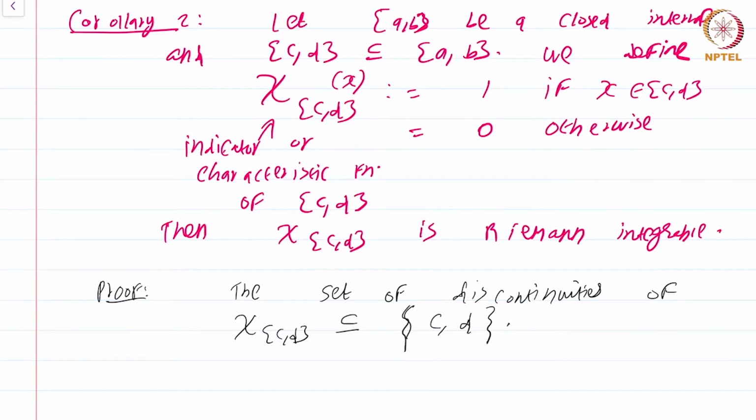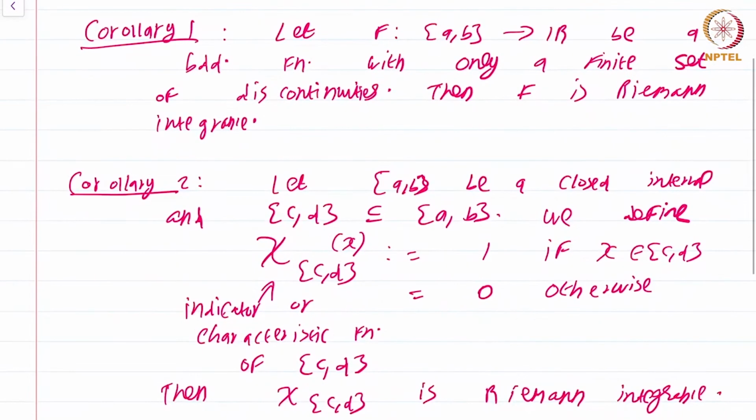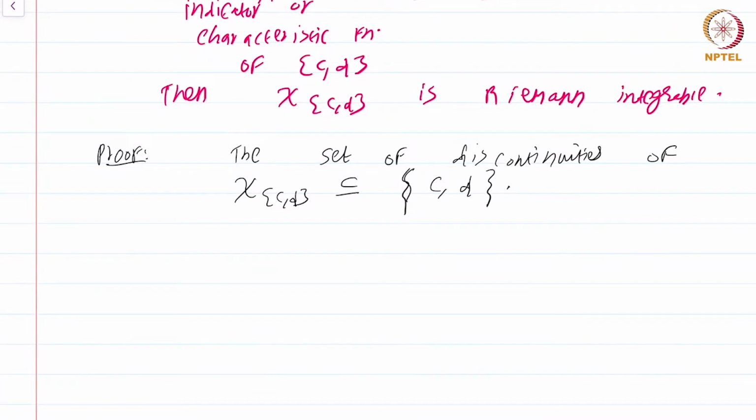Just these 2 points are the only possible places where this function can be discontinuous. So it follows from the previous thing that says that any bounded function with only a finite set of discontinuities is automatically Riemann integrable. So I'm going to stop writing corollary and just write a numeral because it saves time.